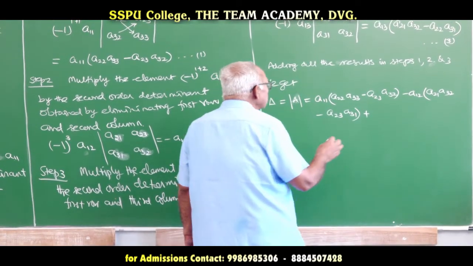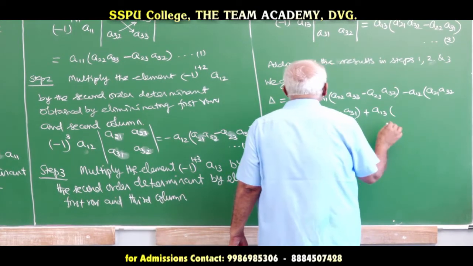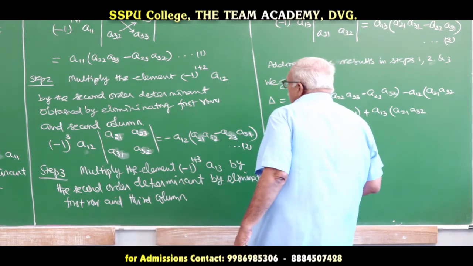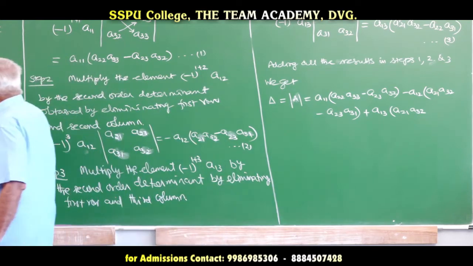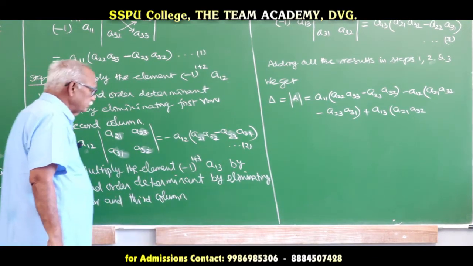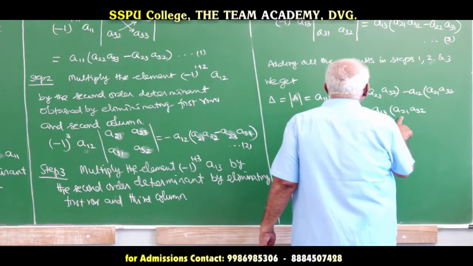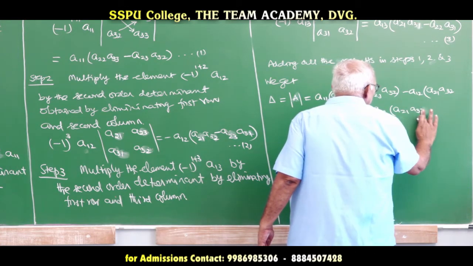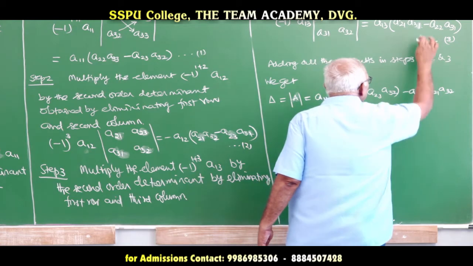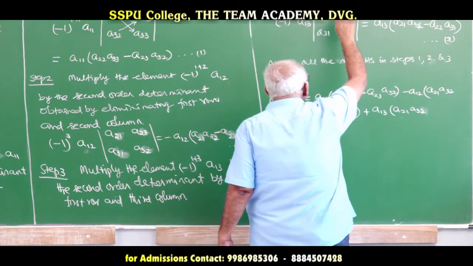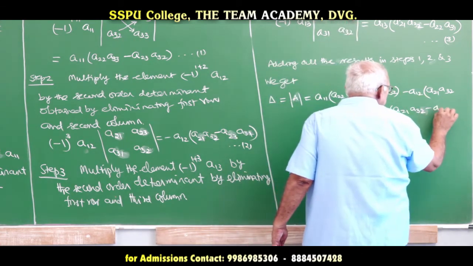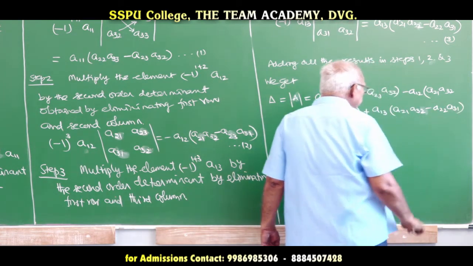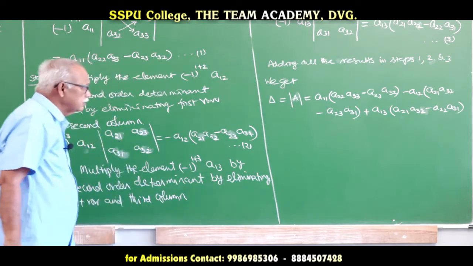The last one is plus A13 into, eliminating here, A21, A22, A31, A32, so A21 A32 minus A22 A31. So this is the value of the determinant.